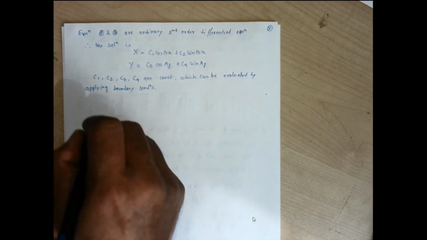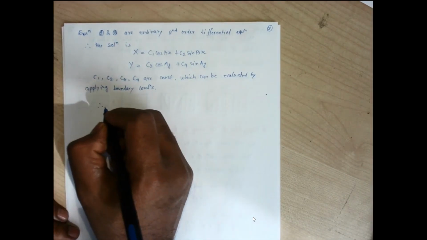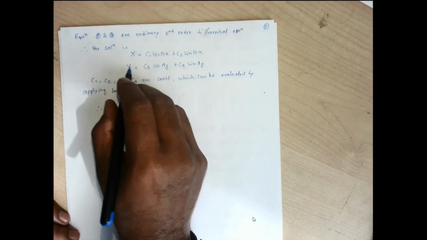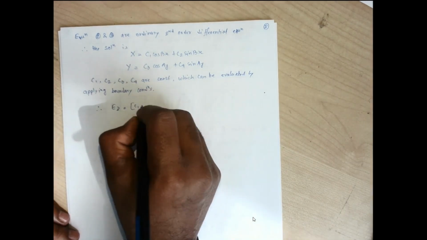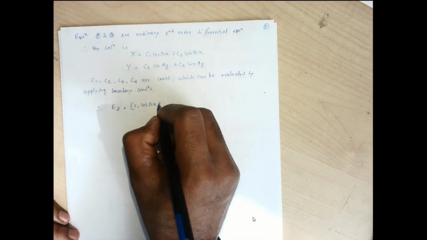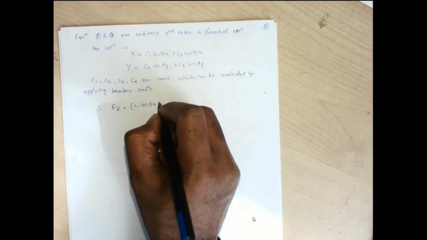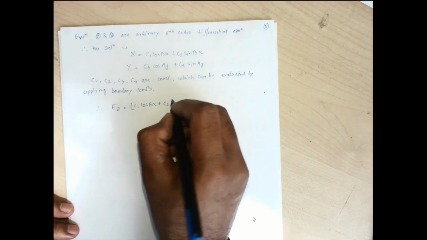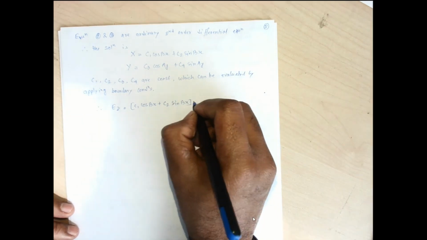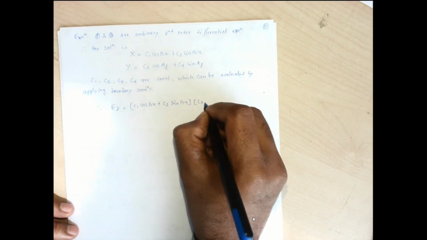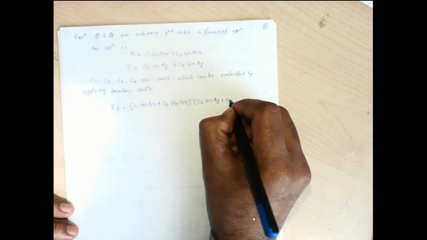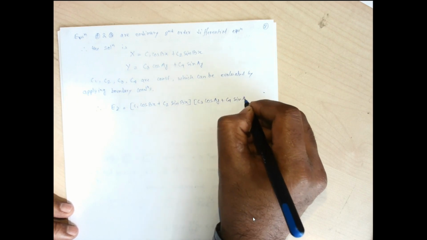So therefore our Ez is X times Y. So Ez is (c1 cos bx plus c2 sin bx) into (c3 cos ay plus c4 sin ay).